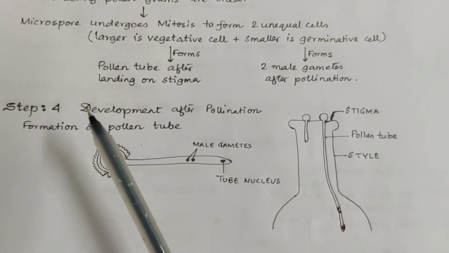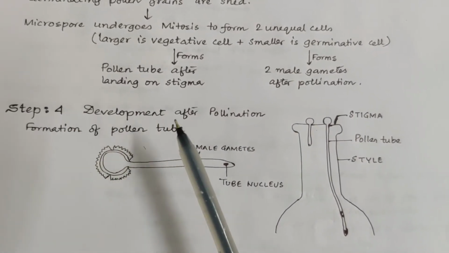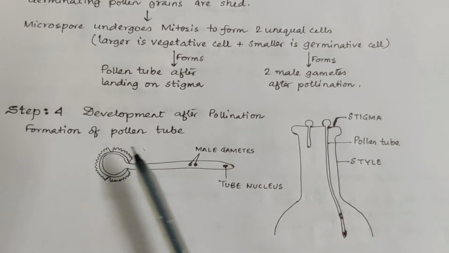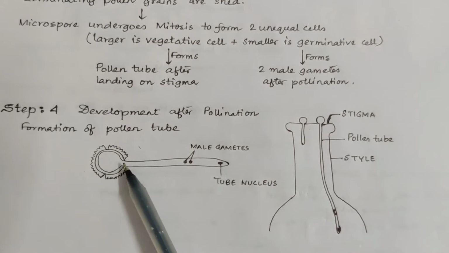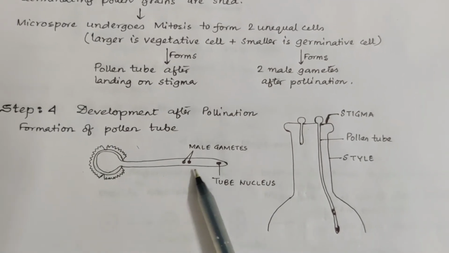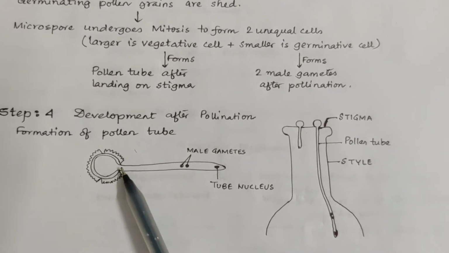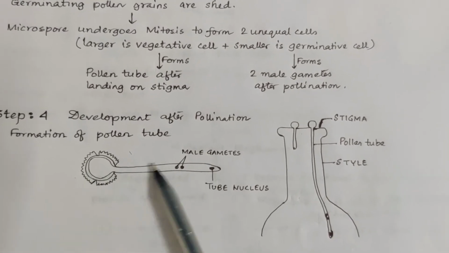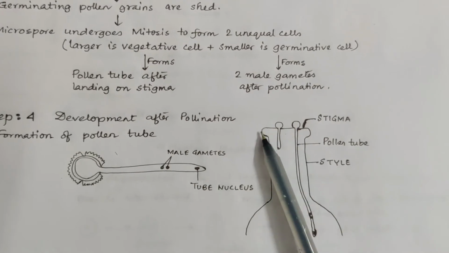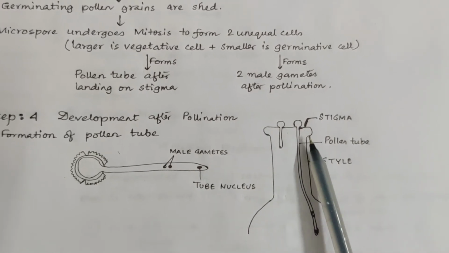Now in step number 4, that is the development part after pollination, which is the formation of pollen tube. Here you can see this is the pollen grain which has formed this long tube like structure. This is called pollen tube, which actually comes out from the germ pore part after landing on the stigma. This is the stigma.